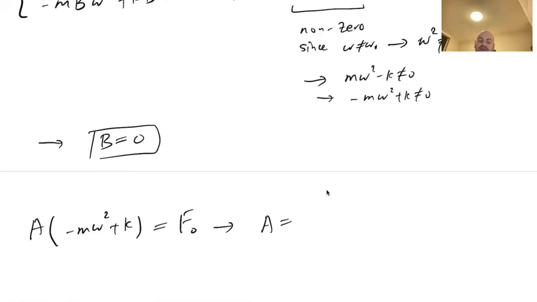If a number is non-zero, then we can divide both sides of the equation by that number. So A will be equal to f0 divided by minus m omega squared plus k.